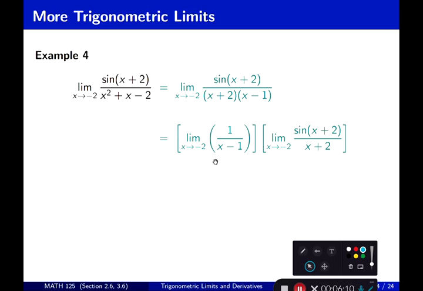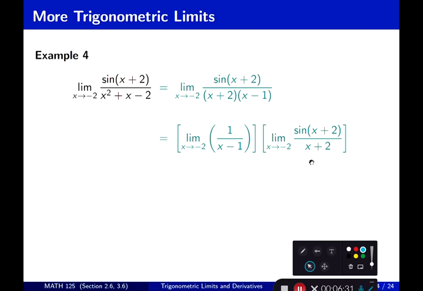And so when you do that and put the limits on each of them, the first one is not an indeterminate form. It has a number. If I plug in -2 in here, direct substitution is the way to go.